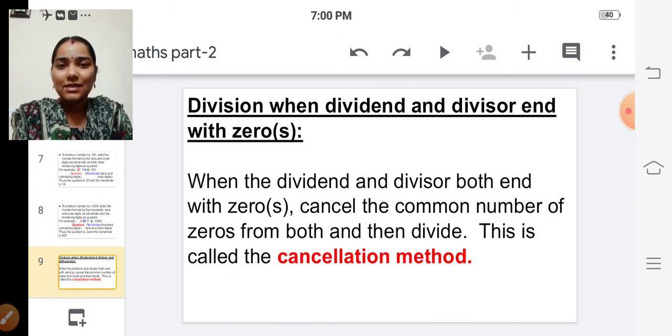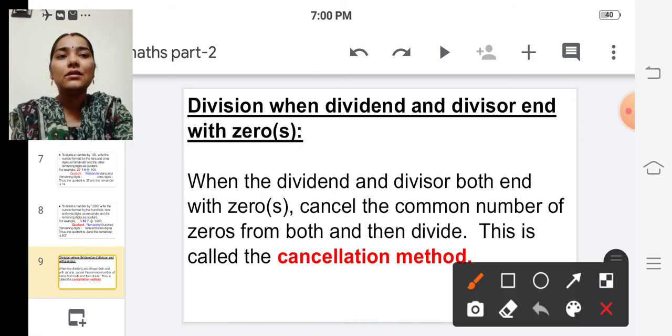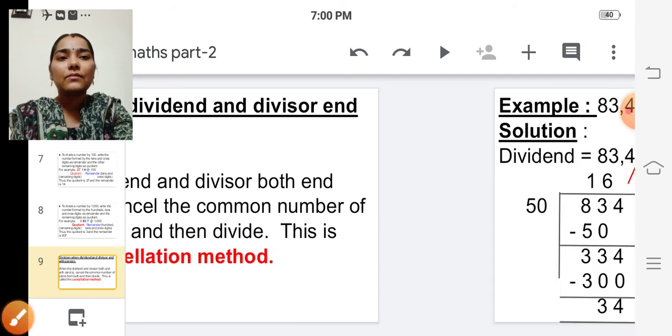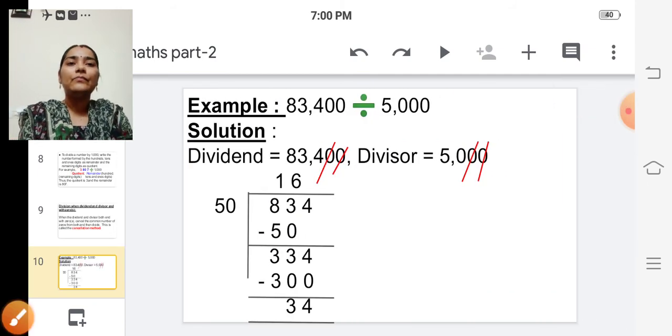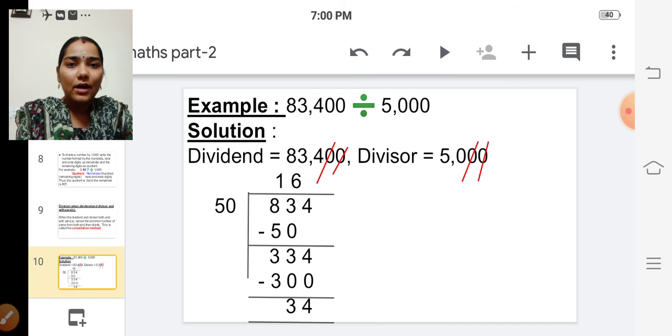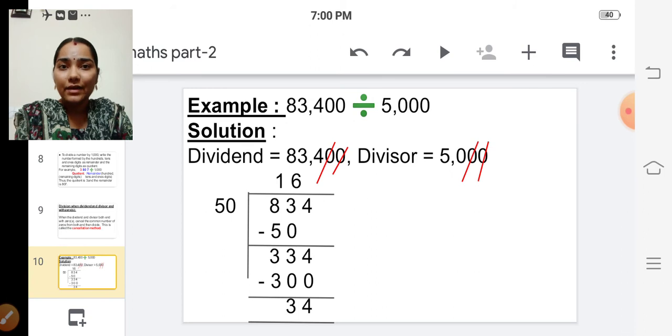Okay, children? So shall we see one example? Then only you will be clear. See the example. 83,400 divided by 5,000. Both the dividend and the divisor end with zeros, isn't it?